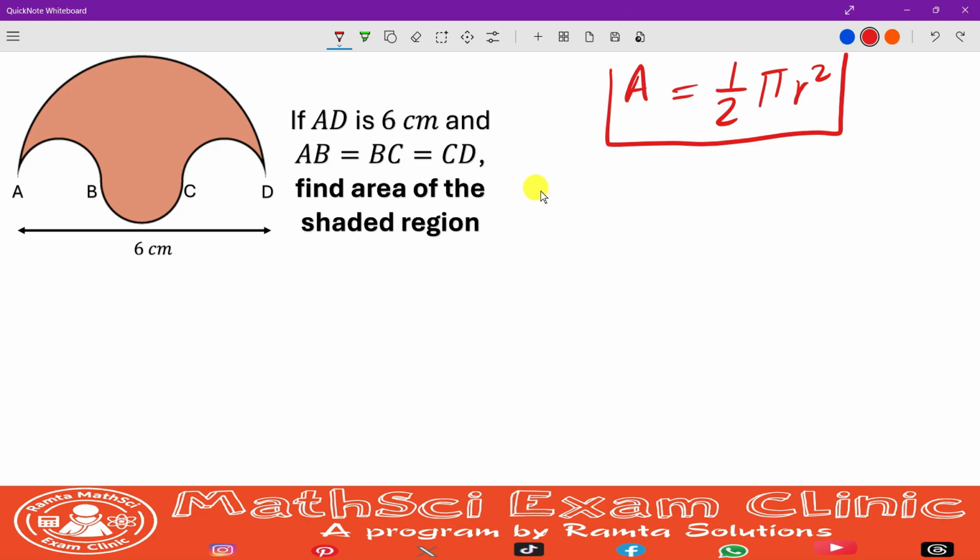Now, we are given that AB plus BC plus CD equals AD, isn't it? And we are told AB equals BC equals CD. So, letting all of them become AB, we have 3AB equal to AD.